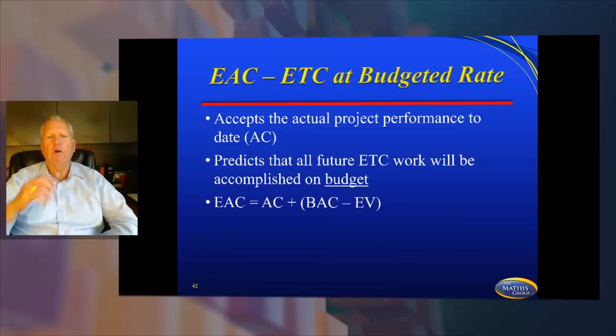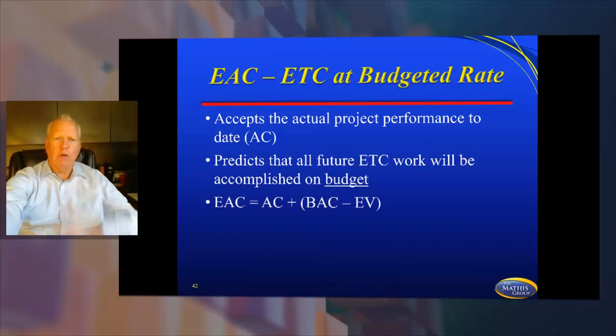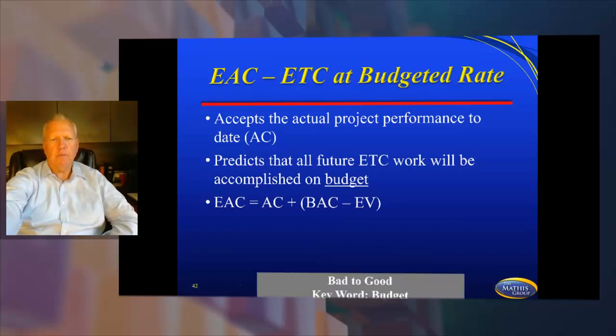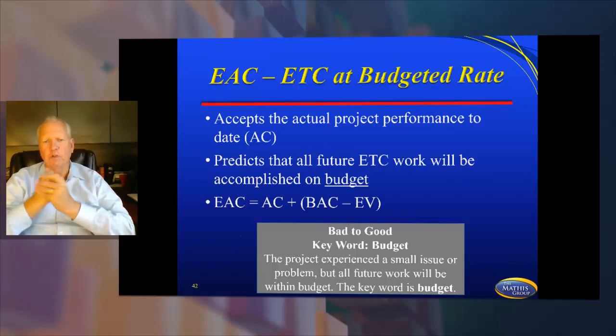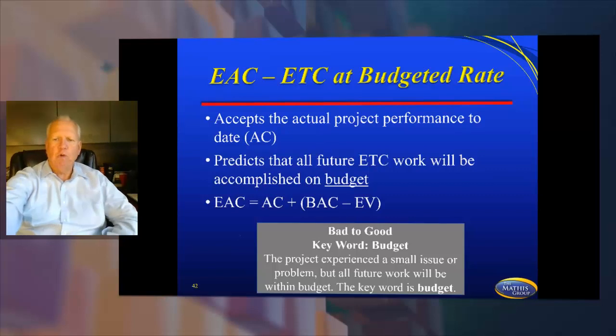It's not bad, or you would not have had a situation where it could still be on budget. So you've had a little hiccup in this particular project, but from this point on, it's going to be on budget. So the key word there is budget. The project experienced a small issue or problem, but all future work will be within budget. And the key word is the word budget.